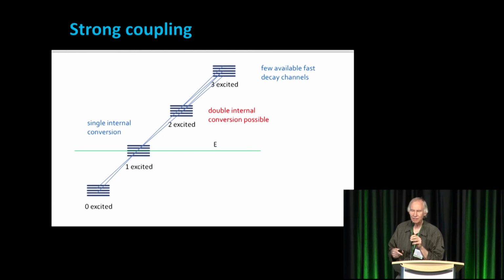So in the limit that the excitation transfer is in the strong coupling limit, you've got these states with no excited nucleus, one excited nucleus, two excited nuclei, three, and so forth, all coupled with the phonon exchange, which are the diagonal blue lines.